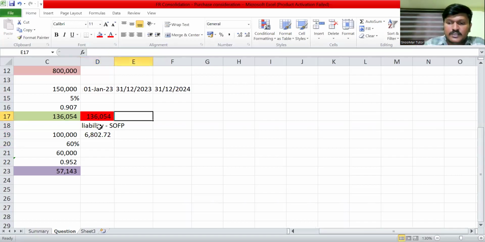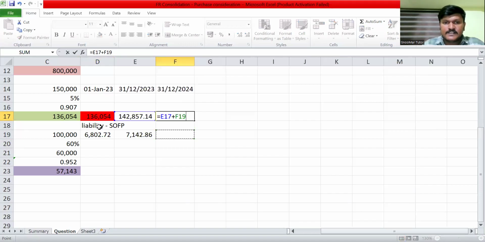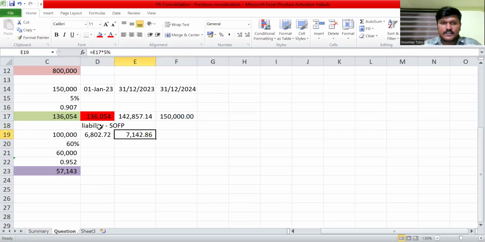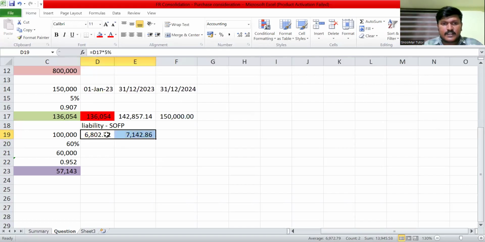So here it would be 136,054 plus 6,803, giving 142,857, and similarly for the next year this multiplied by 5%, 7,142, and at the end of the year the figure would be 142,857 plus 7,143, which is 150,000.